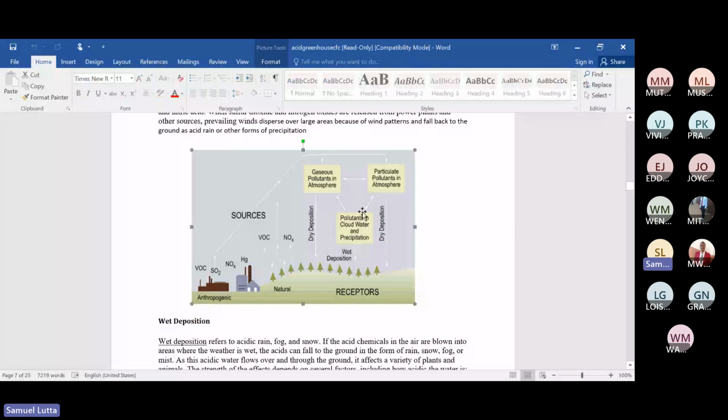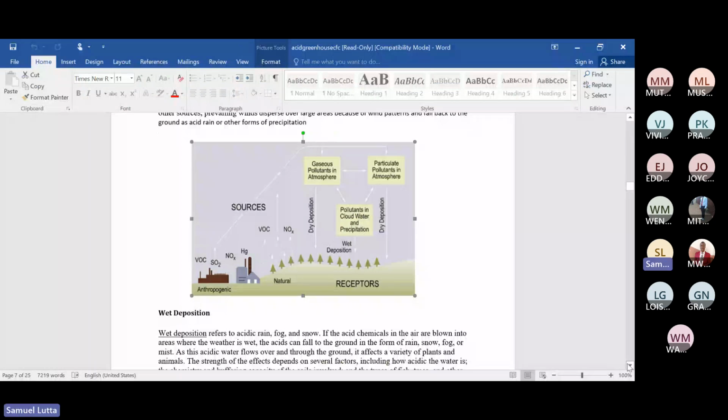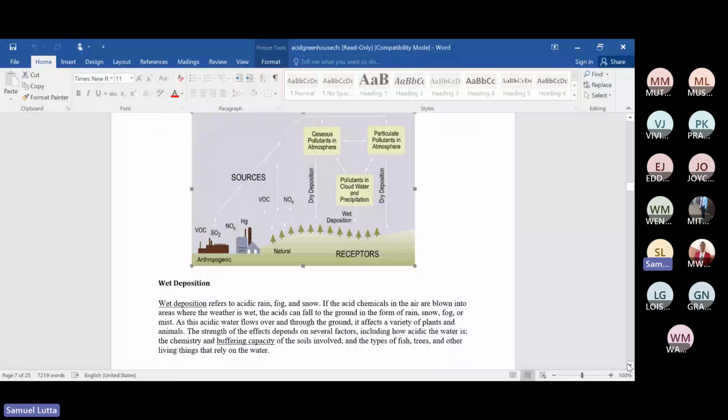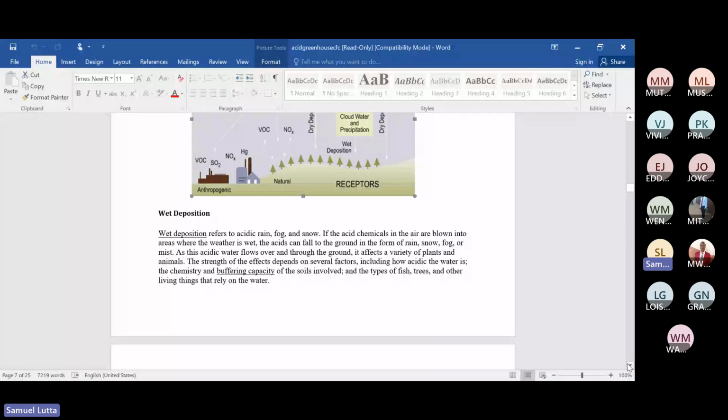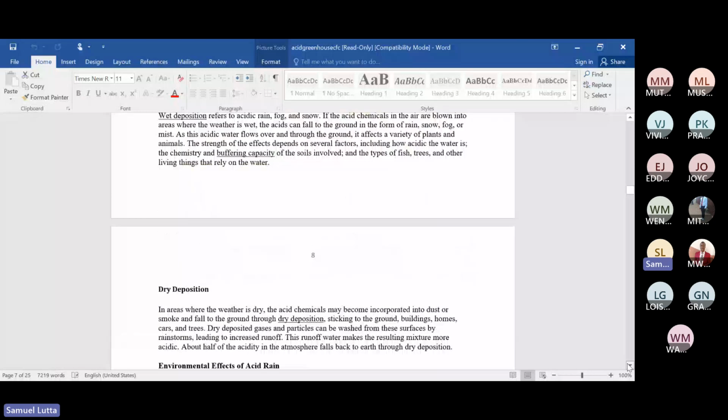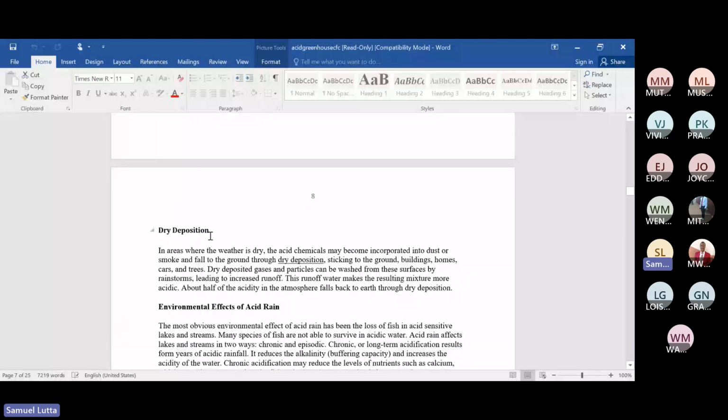And when precipitation occurs, that means when rain falls, the wet deposit that falls will fall as acid rain. So the wet deposition is what we refer to as acid rain. So we have dry depositions without water, wet deposition with water.